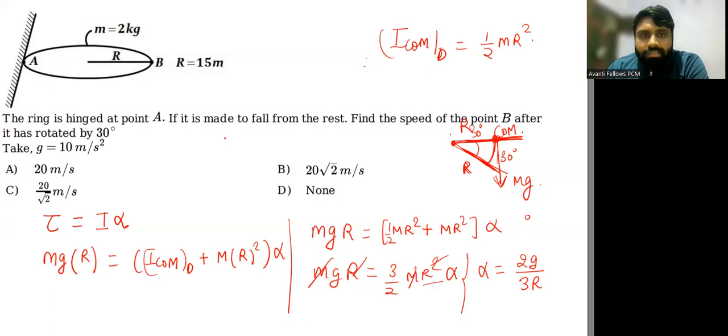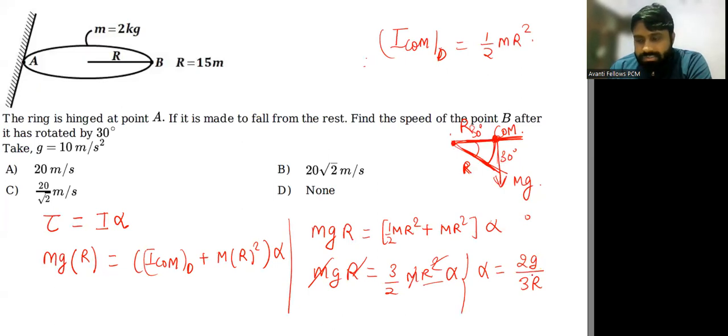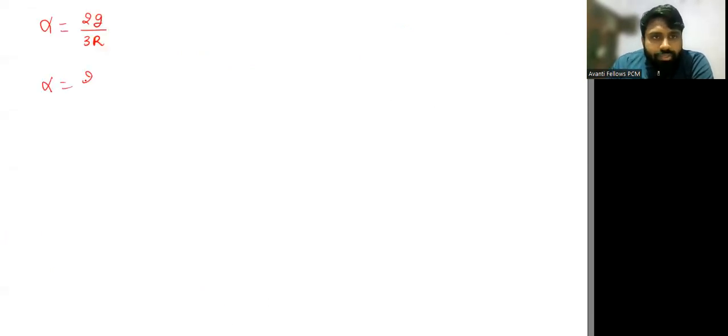And the radius is given to you as 15 meter. Now we will put the value of g and r. R is given as 15 meter, and g you will take as 10 meter per second square. So alpha is 2 into 10 over 3 into 15. 5 times 2 is 10, 5 times 3 is 15.